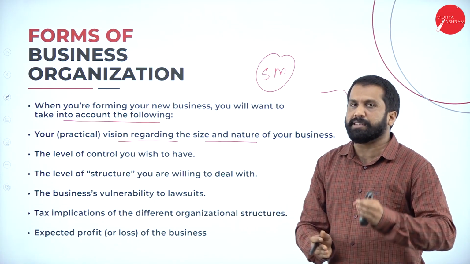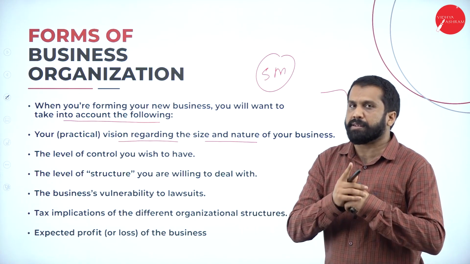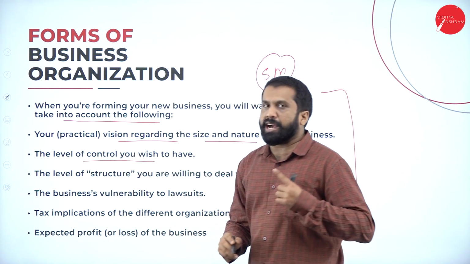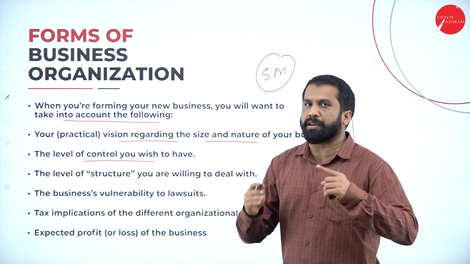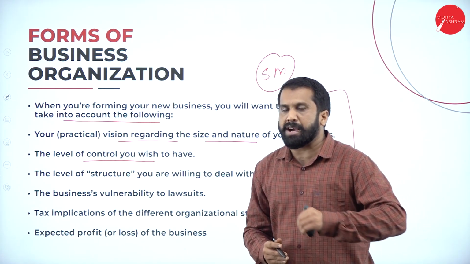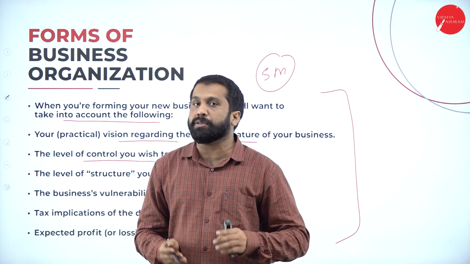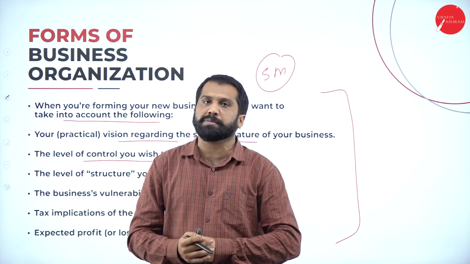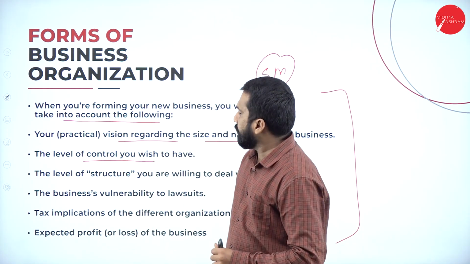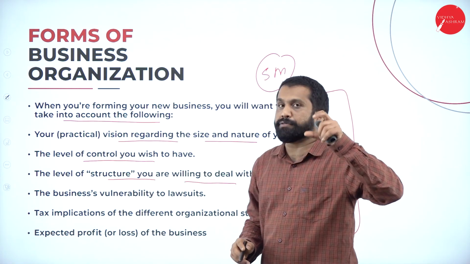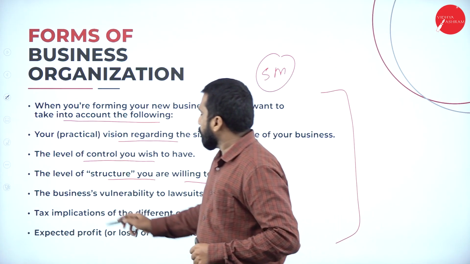If it is a small business, you can go for sole proprietor, a single person. The level of control you wish: if you're alone, you cannot control, because half of the year you will be in India, half of the year abroad. Then you want someone to be there, so you will go for one more person. One more person means what? Partnership. Then the level of structure you are willing to deal with, what kind of structure you are going to build.